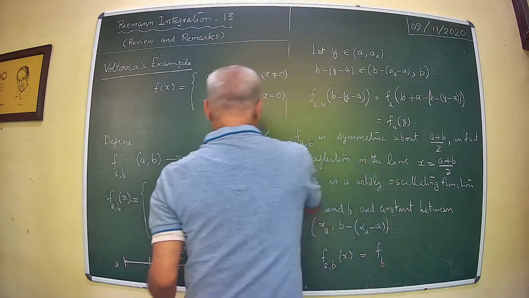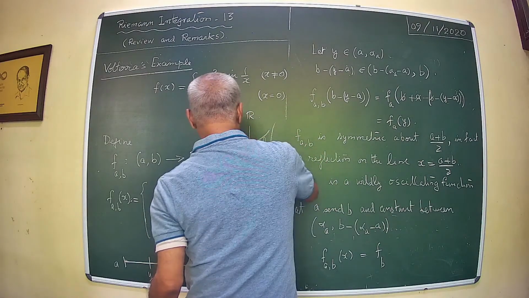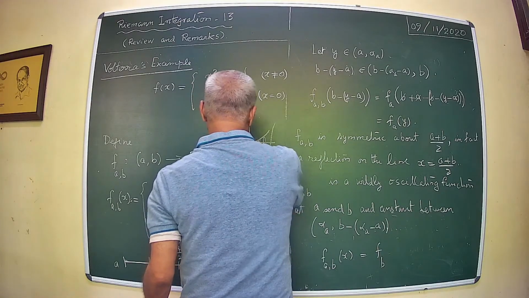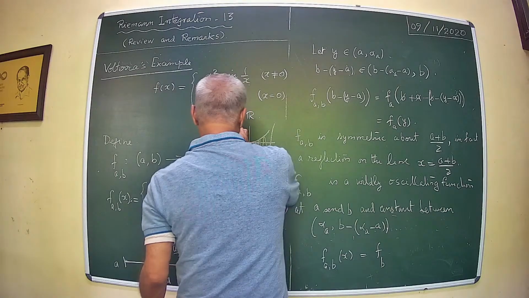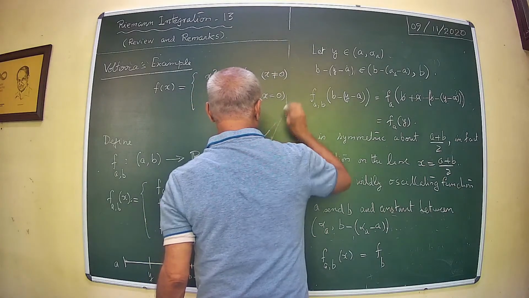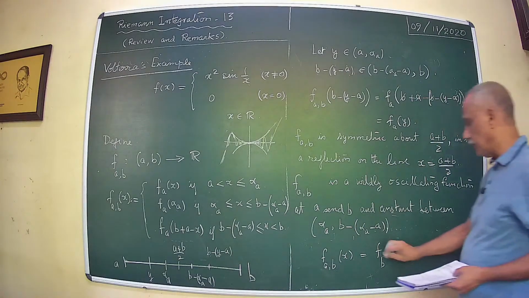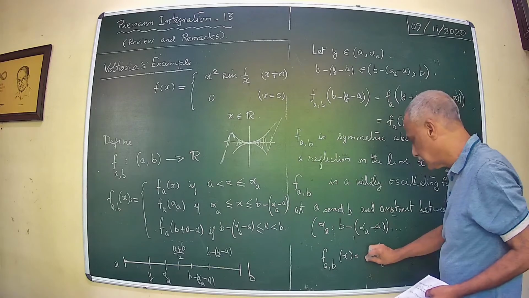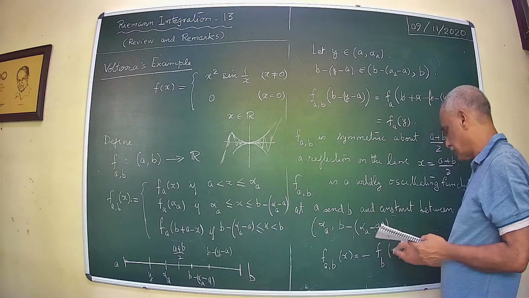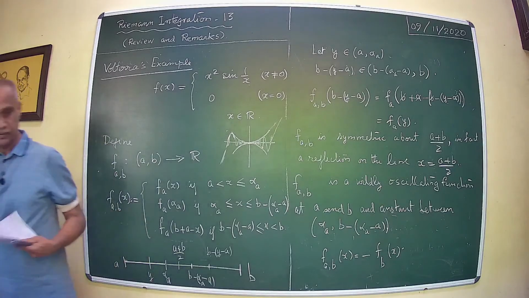Okay, so you have the oscillating function. It is bounded like this, just goes up. This is the sort of function. So this is equal to minus f(b). Okay. So this is something that you can work out.